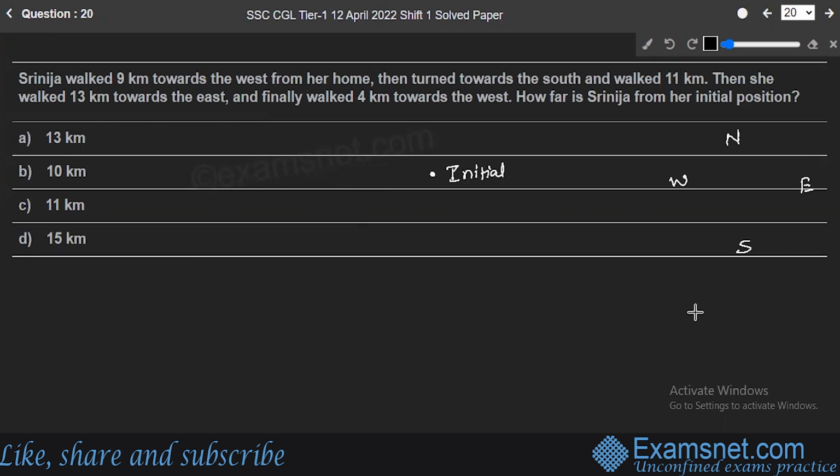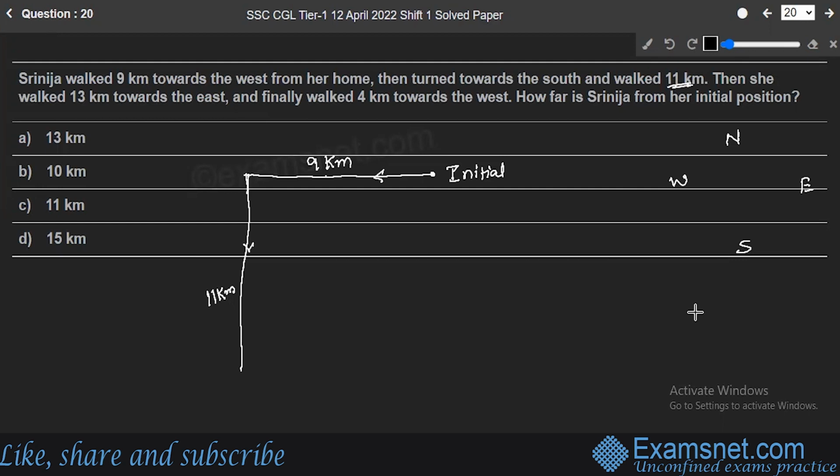She walked 9 kilometers towards the west, and then she turned towards south and walked 11 kilometers in the south direction.